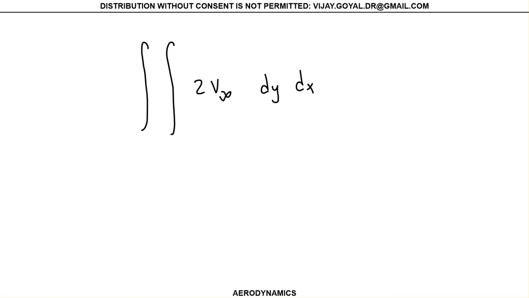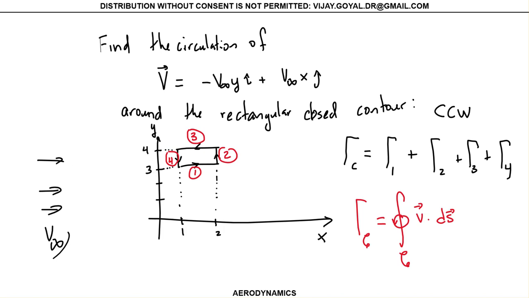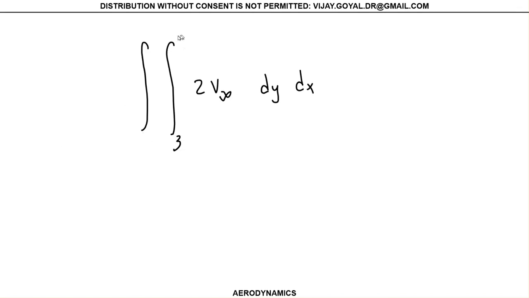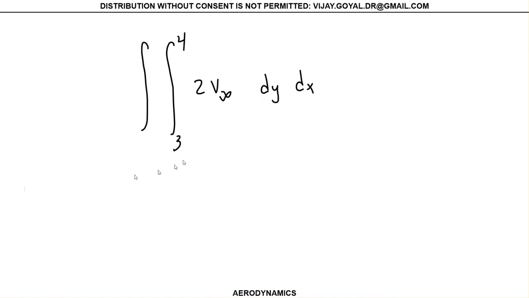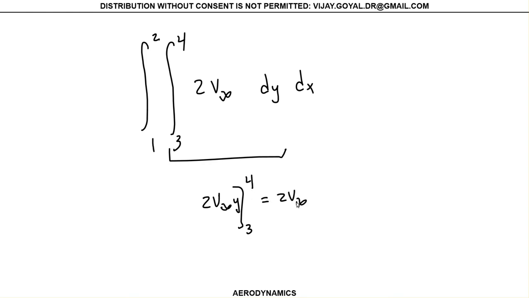Your y coordinates goes from 3 to 4. Your x coordinates go from 1 to 2. And I can integrate the first integral inside here, and I find this gives you 2 times v infinite times y, evaluated from 3 to 4, and that gives you equal to 2 times v infinite.